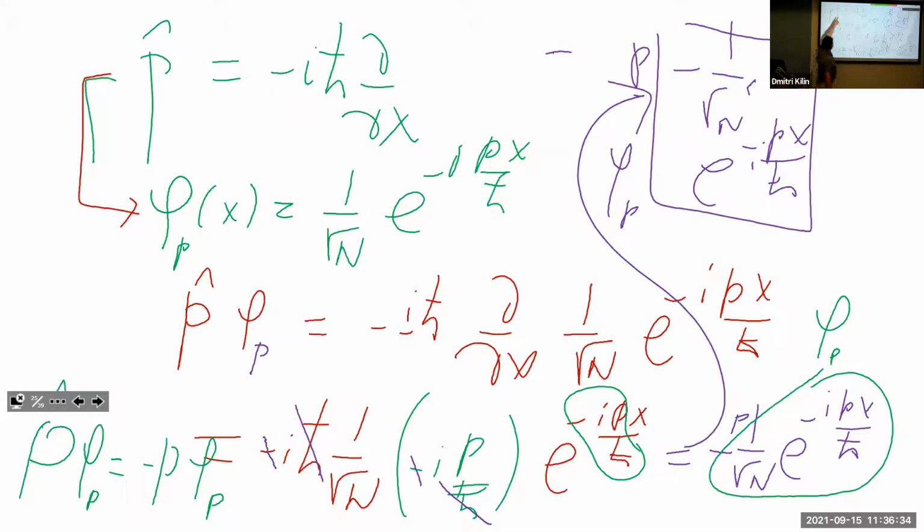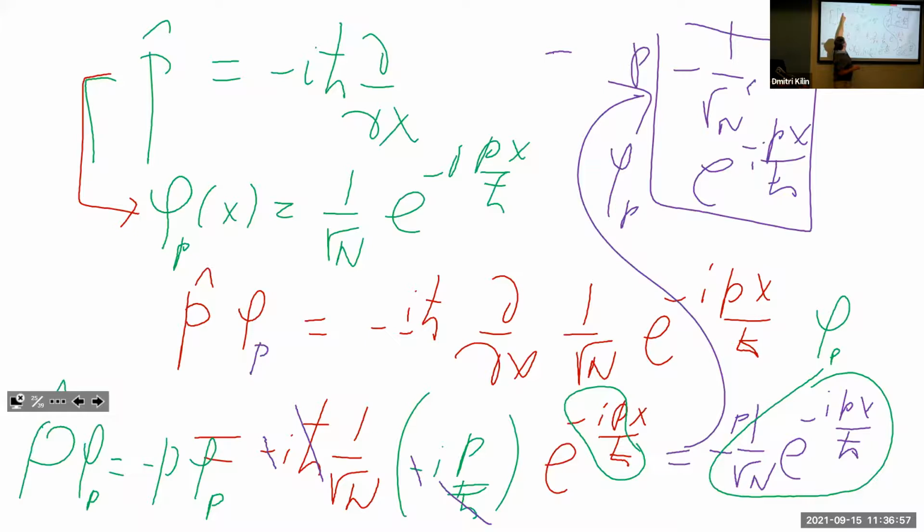So we design the operator of momentum as a minus imaginary unit, Planck constant, and derivative over space, and I suggest we look only at one dimension because three dimensions are too heavy for us, at least right now. And we consider the function that will be this plane wave times a normalization constant.